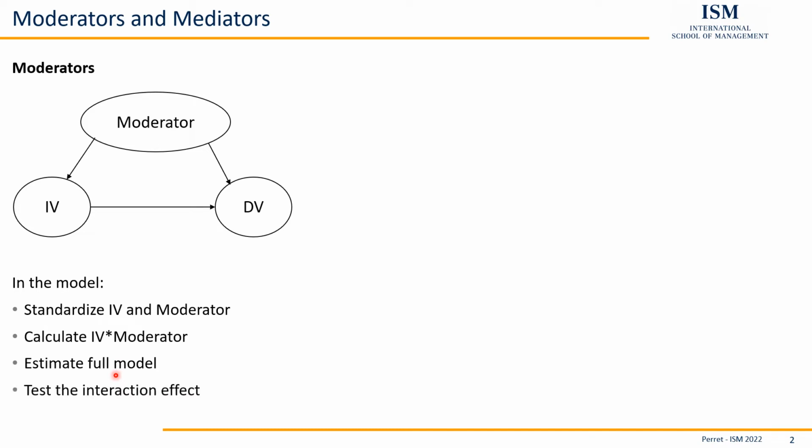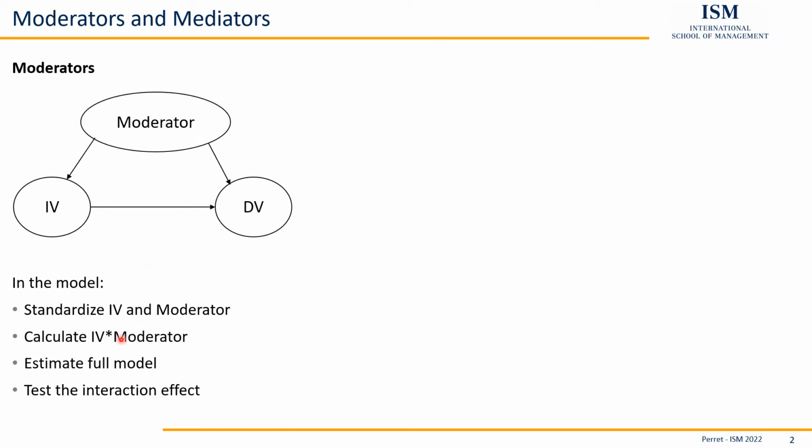And later on you check whether this interaction term becomes significant. If you have a significant interaction term, this means that the moderator variable is actually moderating the relation between the independent and the dependent variable.